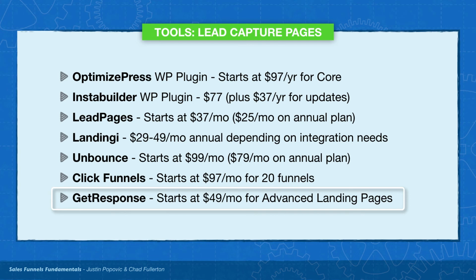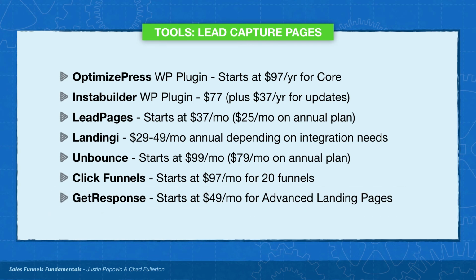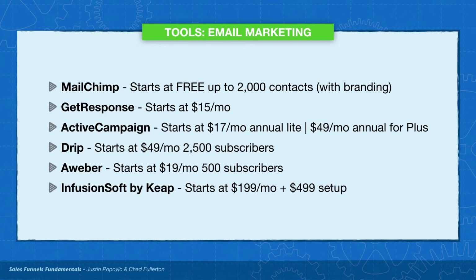But this one actually includes landing pages in their higher up plans, and they have a landing page builder very similar to Lead Pages that is drag and drop. So if you are using GetResponse or even MailChimp, I think started to do landing pages too. You can check if they already have landing pages, because maybe it's something that you're already paying for and has a landing page option. I'll just quickly jump right into email services.